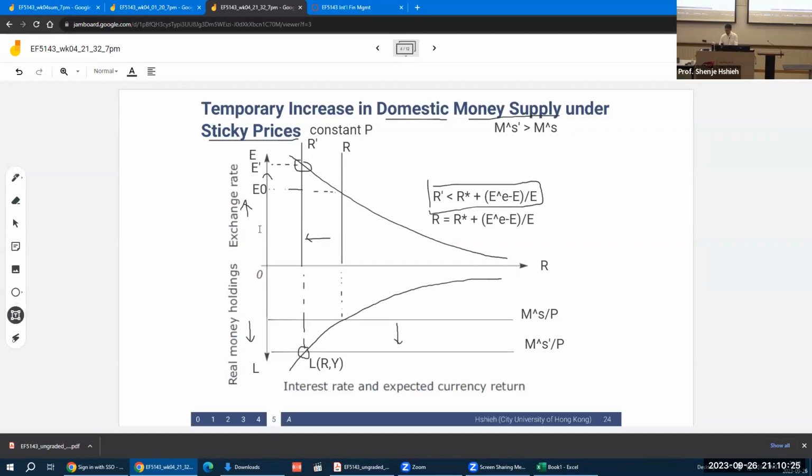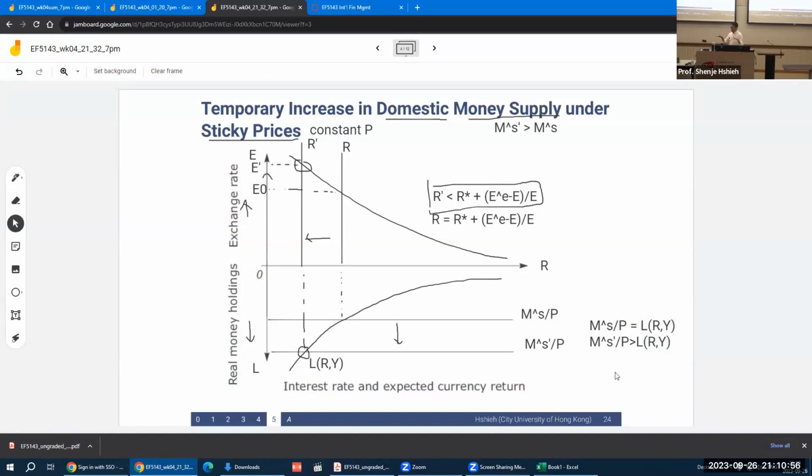All right, so let's talk about the math. I showed you the graph and gave you an overview of the mechanisms, but let's talk about the math so that people who don't like graphs and just like the math, that's fine. We have money supply equaling money demand. But now we have a change in money supply such that MS over P is bigger than L(R, Y).